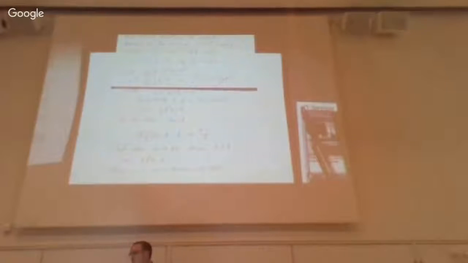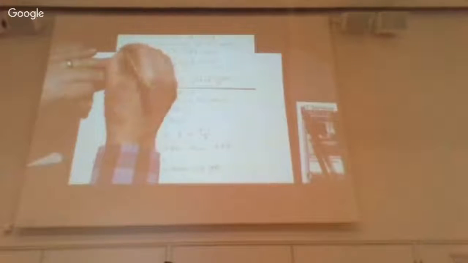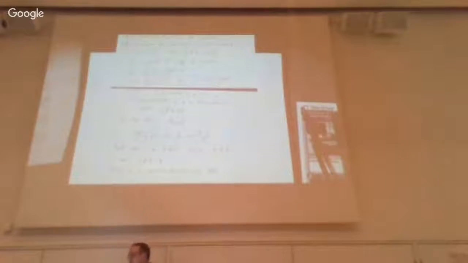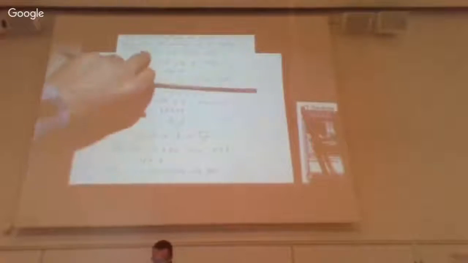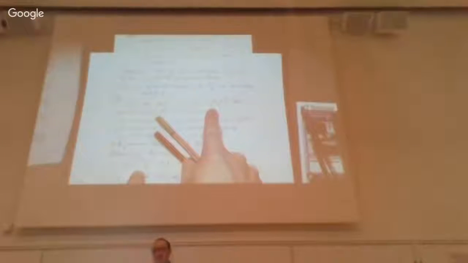What led to the contradiction? It was the assumption that two of the numbers in my original list were the same congruence class modulo p. So that assumption is wrong.